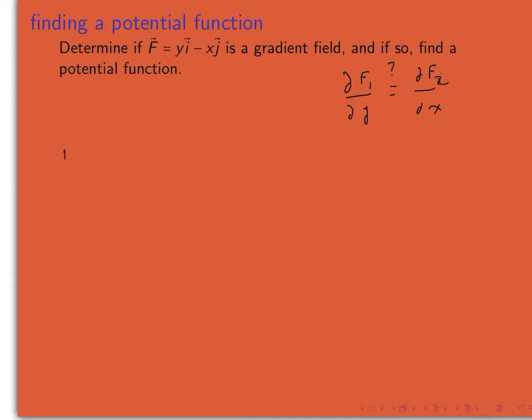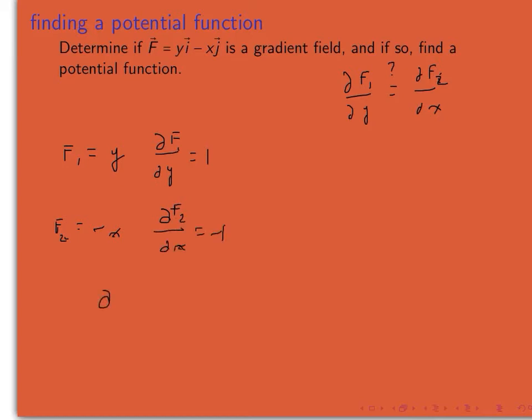Okay, so it's pretty easy to calculate. F1 is simply y, and if I take the derivative of f1 with respect to y, I get 1. F2, that's the j component, so that's minus x. So f2 is minus x, and if I take the derivative of that with respect to x, I get minus 1.